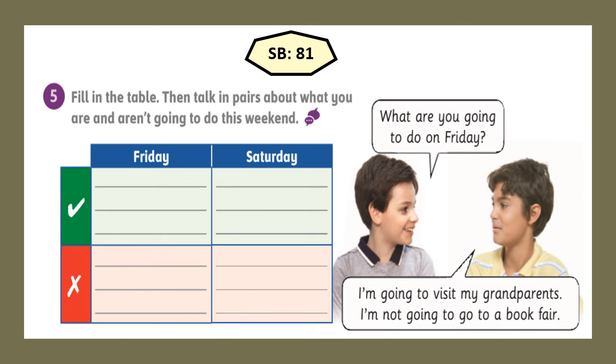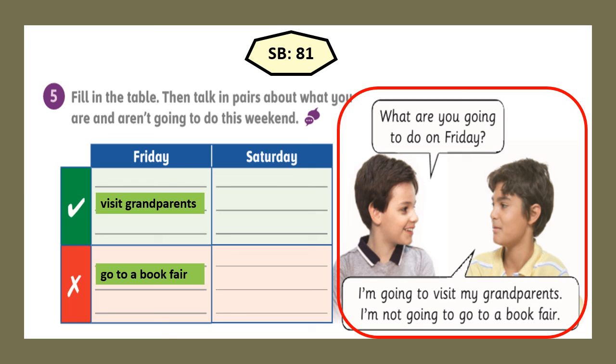Or the next one, it's negative: I'm not going to go to a book fair. So affirmative: I'm going to visit my grandparents. Negative: I'm not going to go to a book fair. So he is going to visit his grandparents, but he isn't going to go to a book fair.